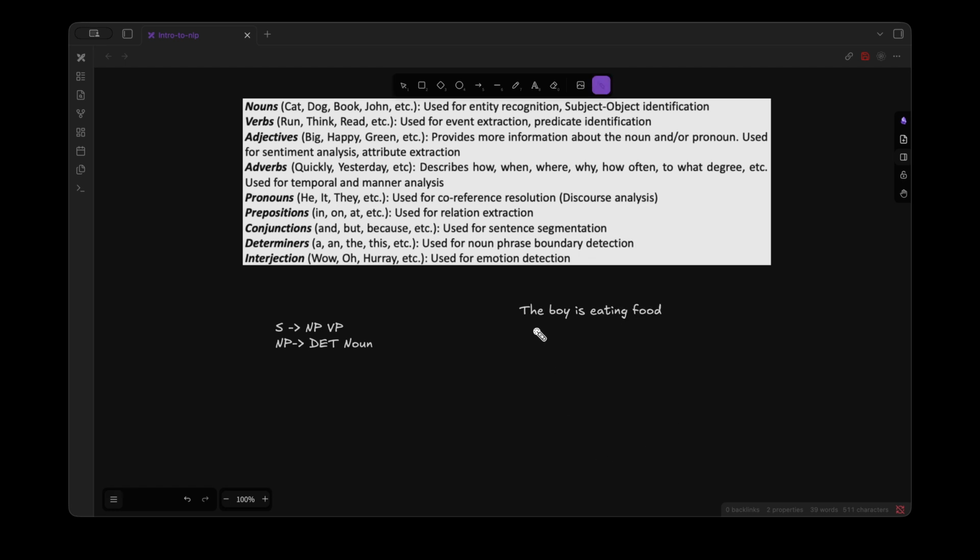This section is built out of a determiner and a noun. "Is eating food" describes the verb phrase. So the entire sentence is made of a noun phrase and a verb phrase. The noun phrase is "the boy," and "is eating food" is the verb phrase. The noun phrase contains the determiner and the noun.